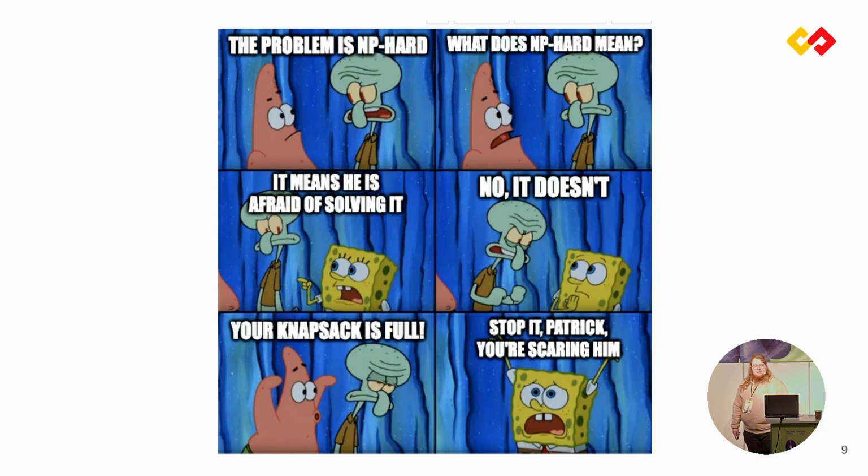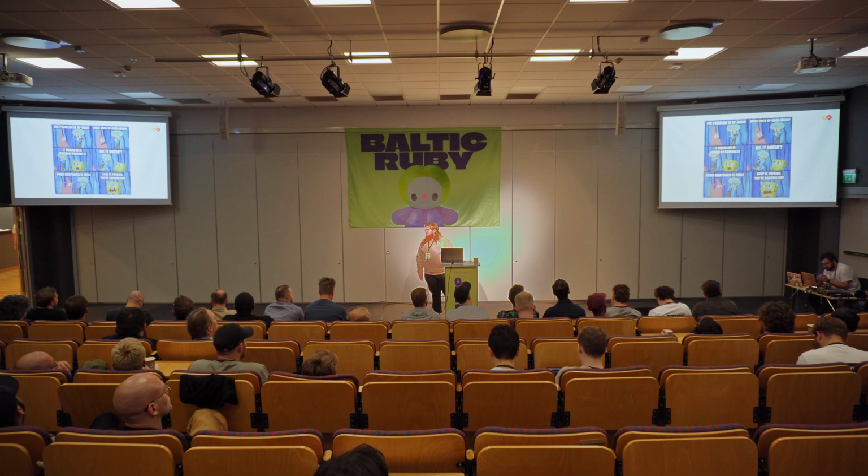We can be afraid of solving some of them even with just 20 variables, because it can impact the computation time significantly, even if it seems like an easy problem.